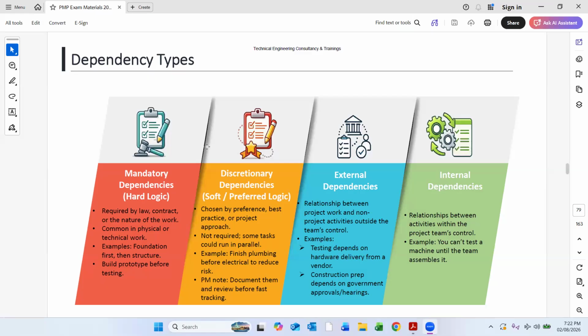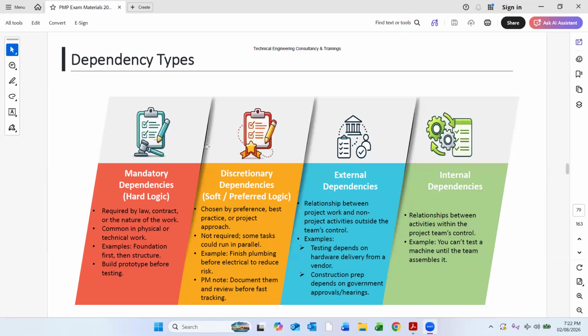Okay. The mandatory dependency, hard logic and soft logic first. The hard logic is the normal kind of structure, common in step by step construction. Then the soft logic is kind of optional.